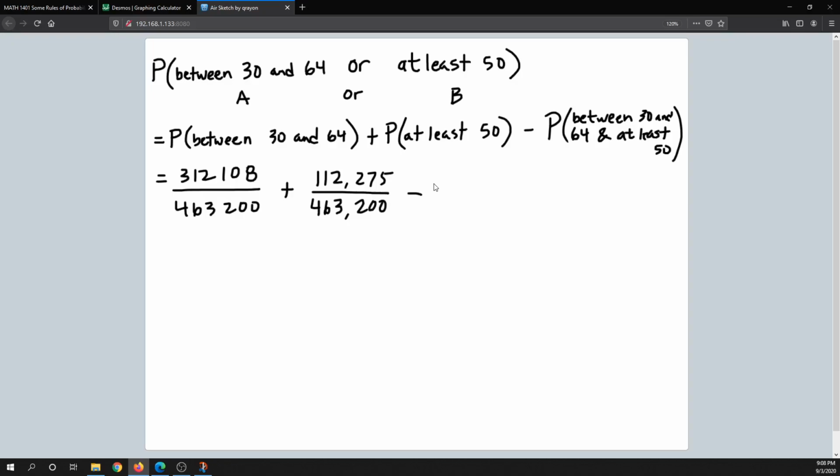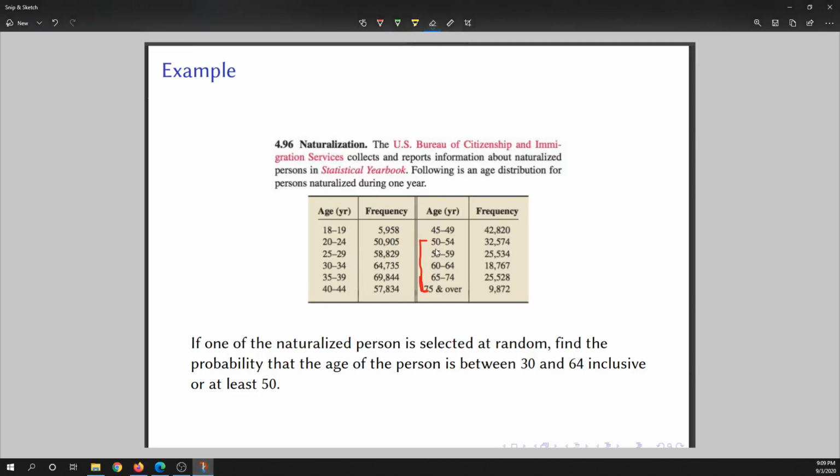Next up, we would need the probability that both of those events happen. That would be the probability that the person selected is both between 30 and 64 and also at least 50. The bottom number is going to be the same again. The top number, though, we're going to have to go figure out.